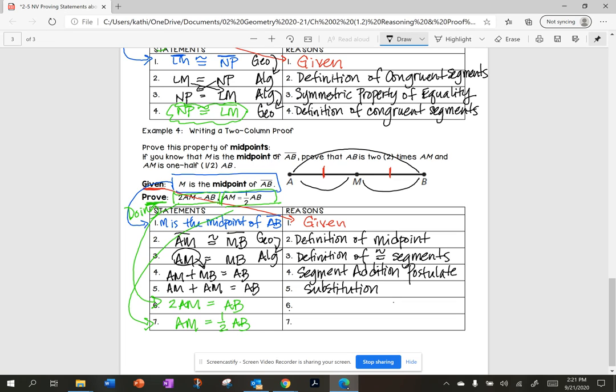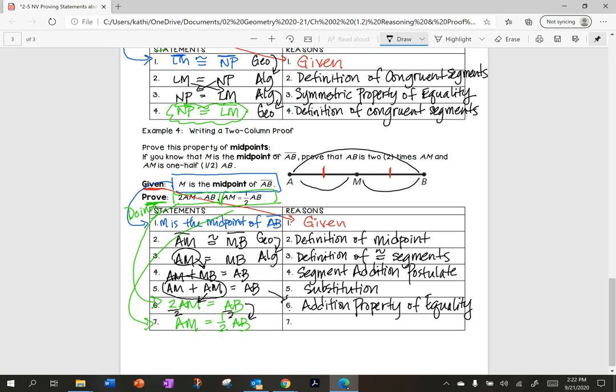So now I have AM plus AM equals AB. So when I add these two together, they become 2AM. So I am doing the addition property of equality. And to go from here to here, if I divide both sides by 2, I get AM equals half of AB.